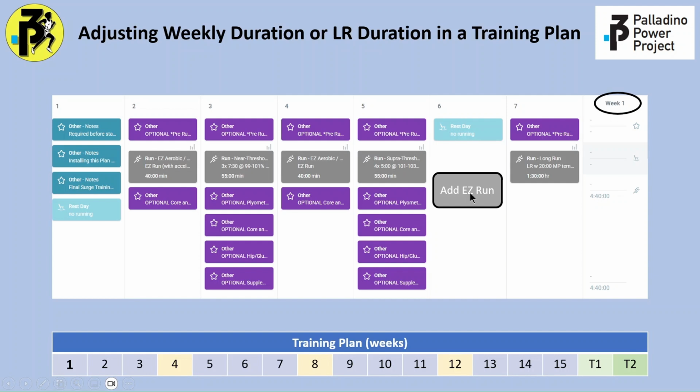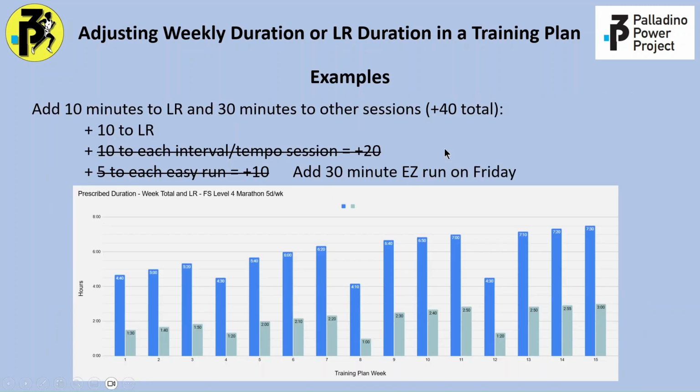That means that if you didn't have it the prior week, you want to make sure you're accounting for that 30 minutes in each one of these sessions or the long run. And then when you add those easy runs in that open day, you're subtracting that from the other days. So you may have determined, okay, I'm going to add 40 minutes, 10 minutes to the long run, 30 minutes to other sessions.